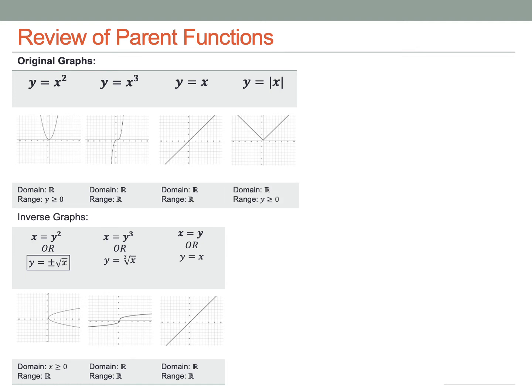When you switch x and y, you get x equals the absolute value of y. And you can't actually solve for y. It's like a piecewise function. It's not just one function. But when you graph it, it looks like a sideways v. So this is why it's blank there, because you can't really solve for y for that one.